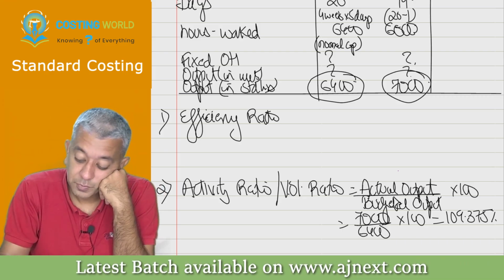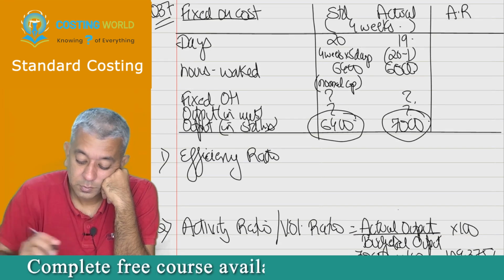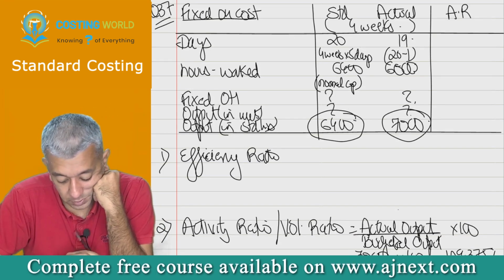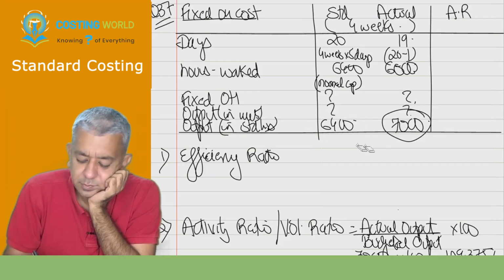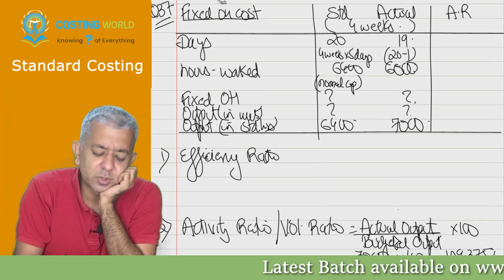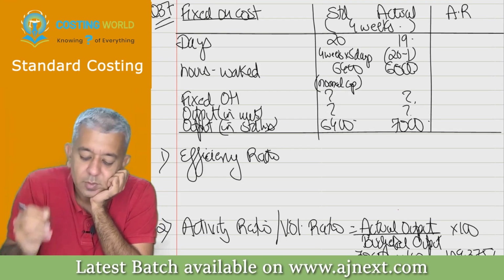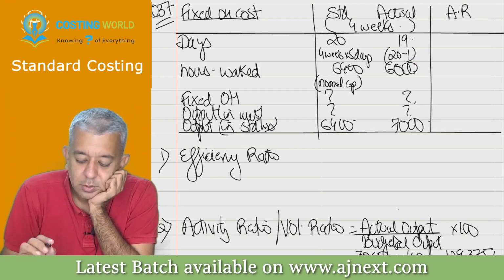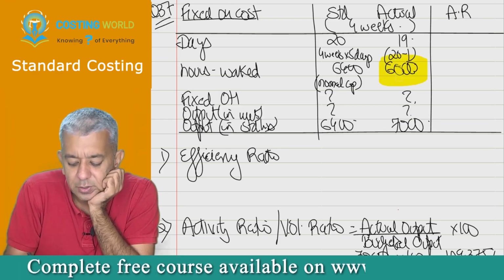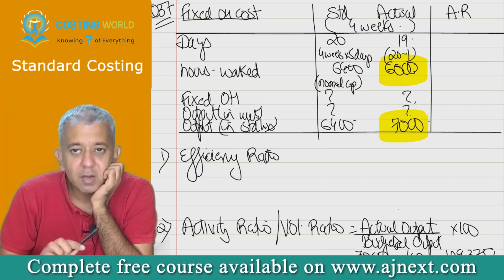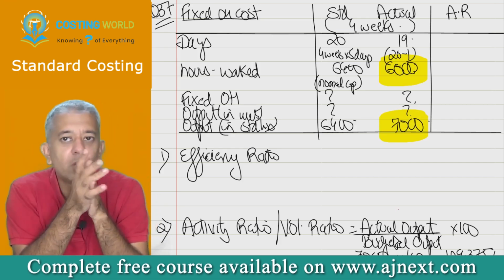Last, efficiency ratio. Now, just for some reason I wanted to do it last. I know that I don't have output in units, but you can think and tell me. Are workers efficient or inefficient?